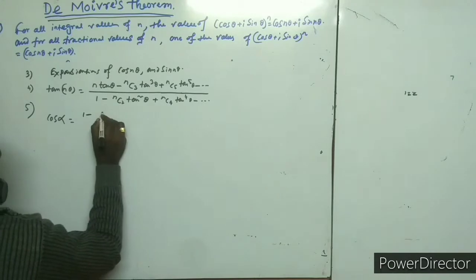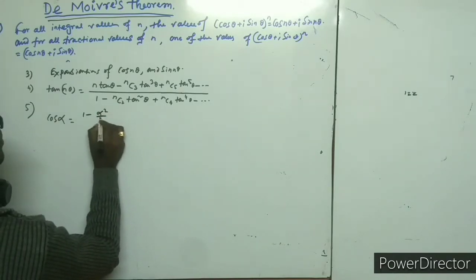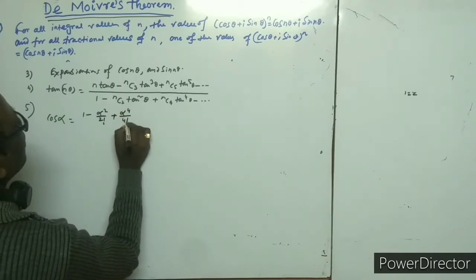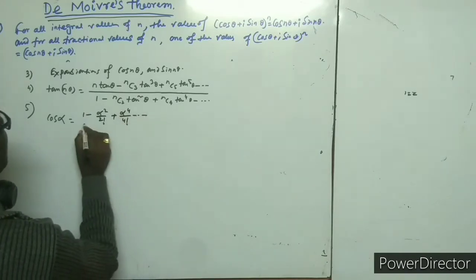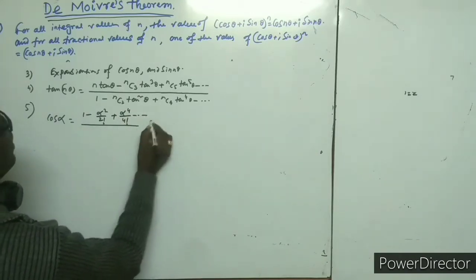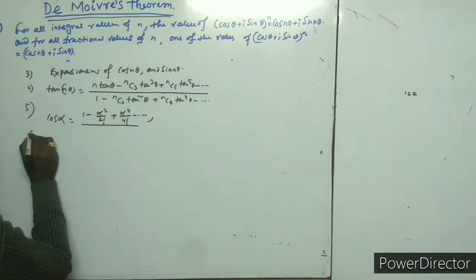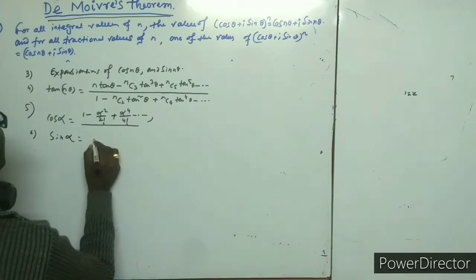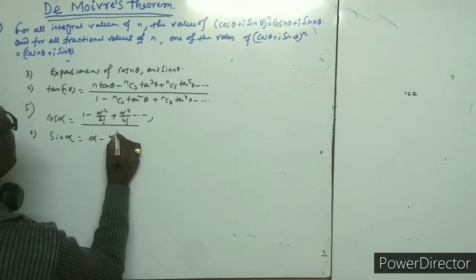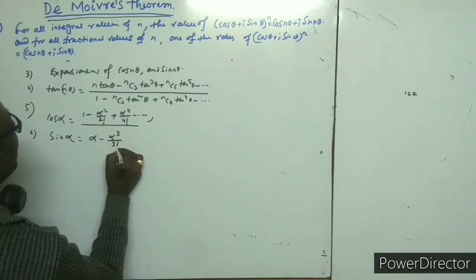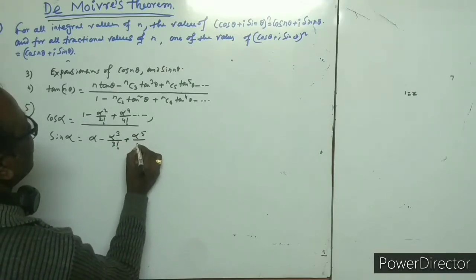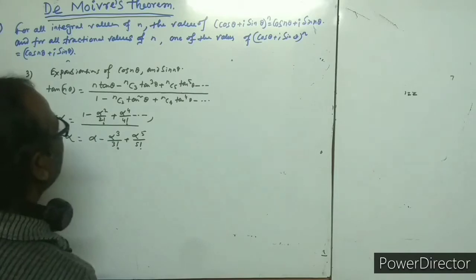1 minus alpha square by factorial 2 plus alpha to the power 4 by factorial 4. Okay, and number 6, sin alpha, that is alpha minus alpha cube by factorial 3 plus alpha to the power 5 by factorial 5, we have to show.